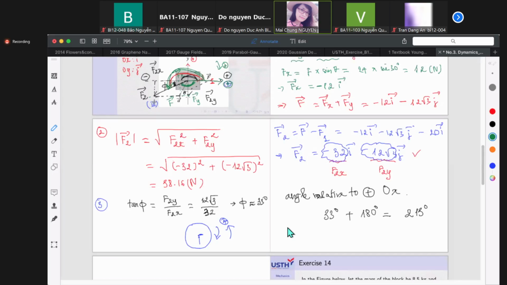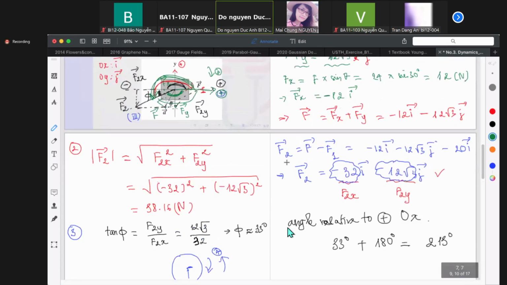If we consider another way from here, following this way, that means we have another angle following the clockwise. Is that okay? Yes. You understand the rule.